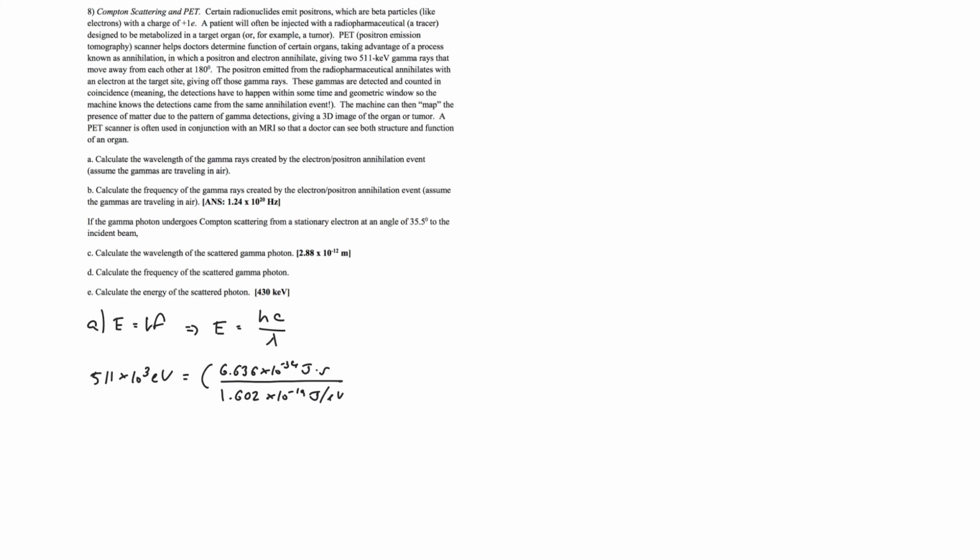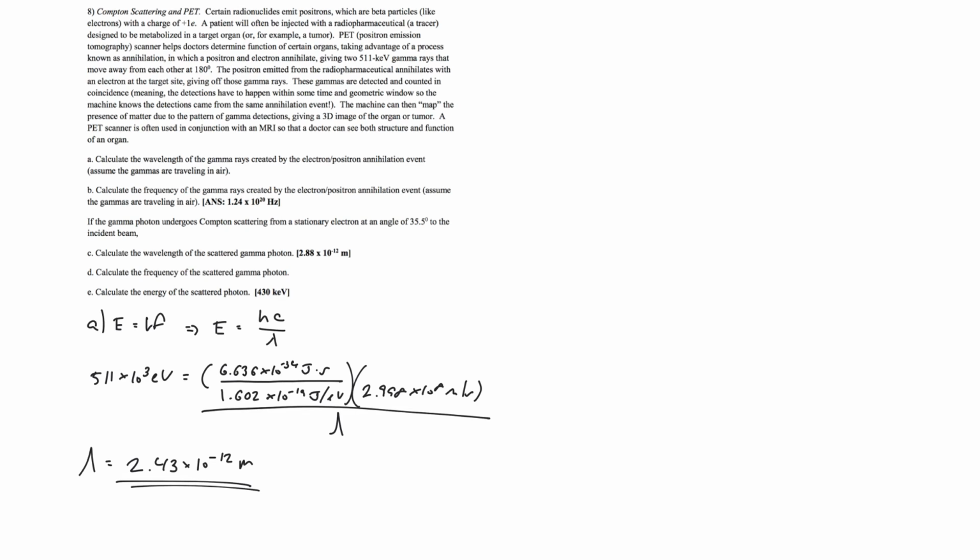Okay. And then c is the speed of light over lambda. And if we solve for lambda, we should get 2.43 times 10 to the negative 12 meters.